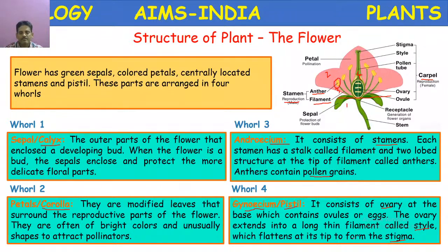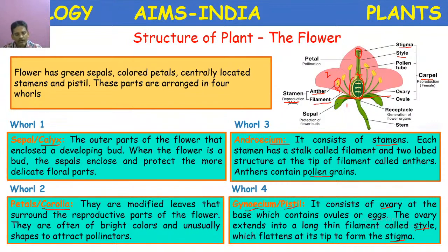Three parts are present. The ovary is the middle part, and from the ovary a tube-like structure arises, that is called style, and at the tip of the style a sticky portion is present, that is called stigma.